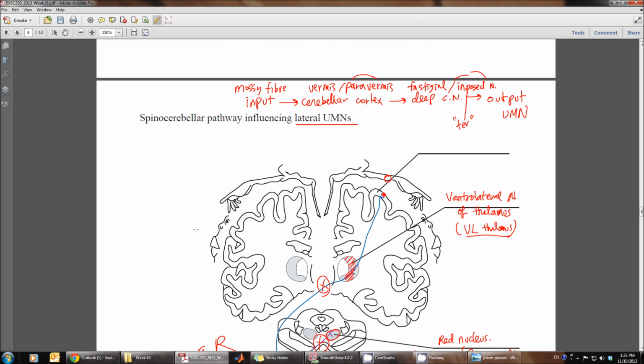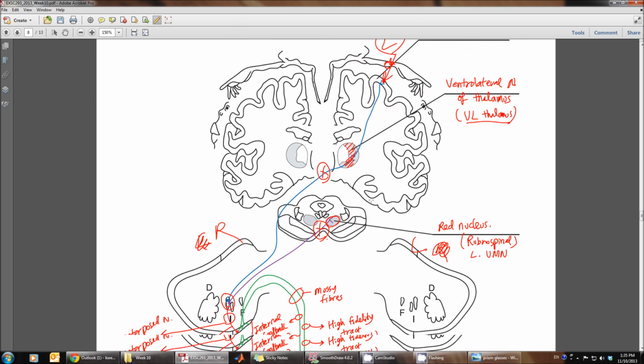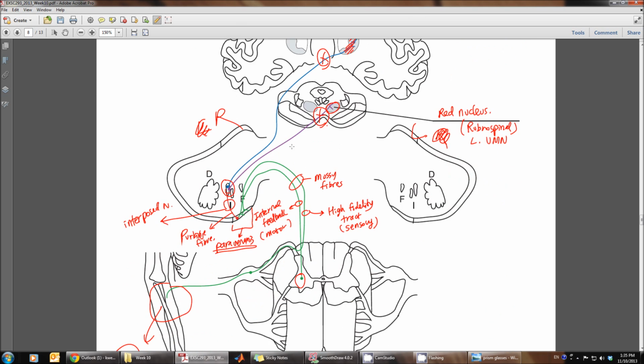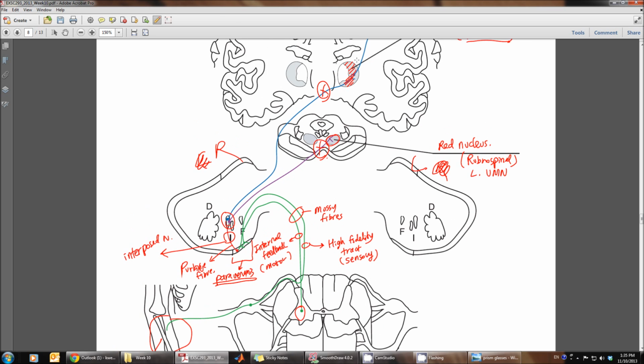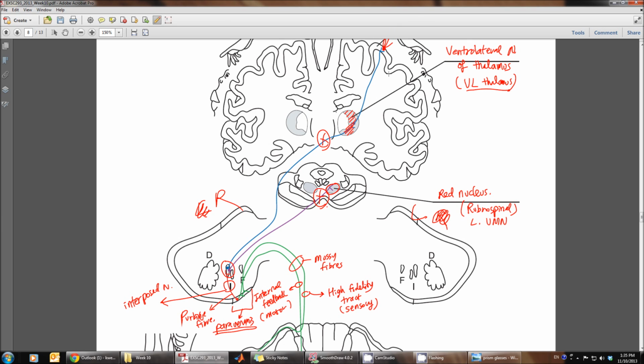So neurons of the left hemisphere have to be activated in order to control the right arm. And because the cerebellum is ipsilateral, the output fibers have to cross over to the other side to activate the other part of the hemisphere.